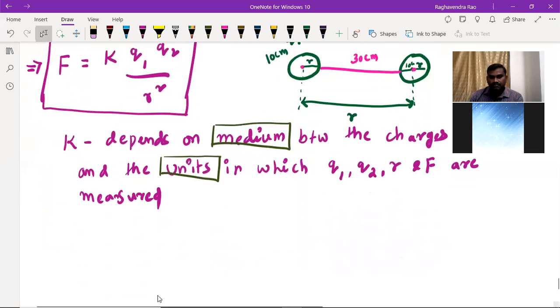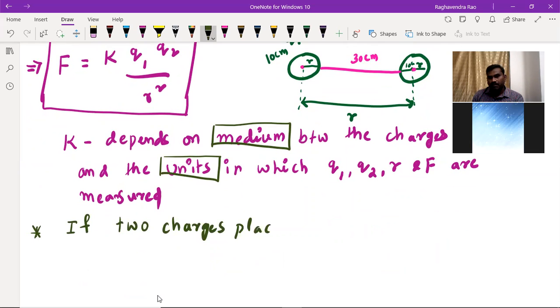Now, if two charges are placed in vacuum, in general air or vacuum, strictly speaking we can take vacuum.